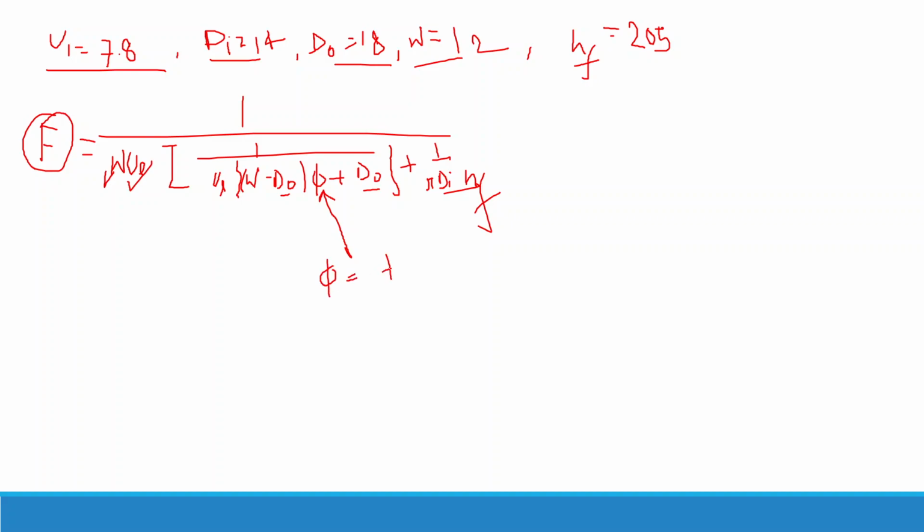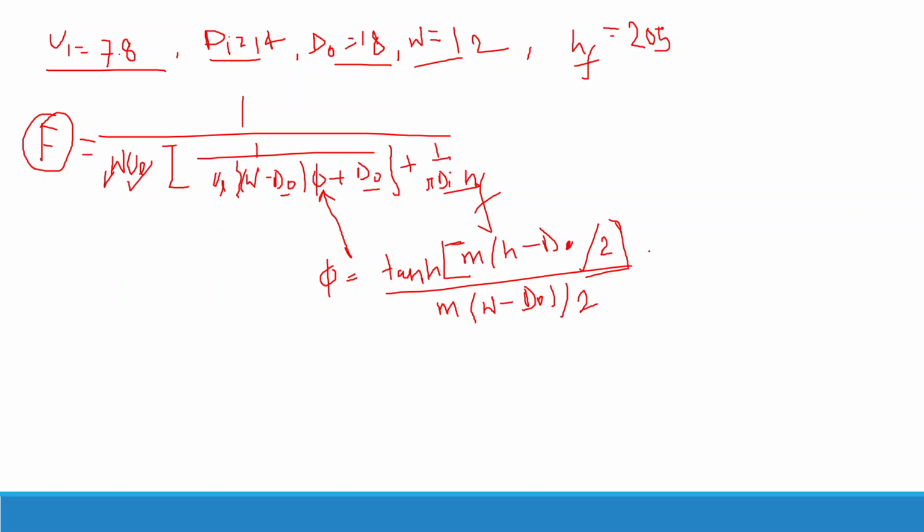Phi equals tanh of m into (W minus D naught) upon 2, divided by m into (W minus D naught) upon 2. So put the values, you know everything.